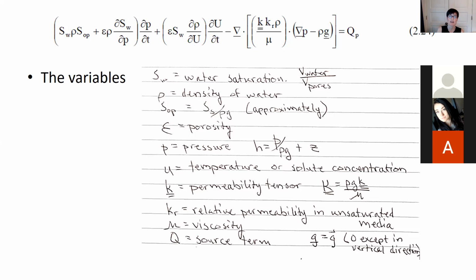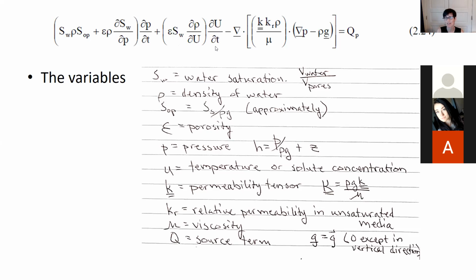In SUTRA's case, you can simulate either solute transport, and if you're simulating salinity, that would affect the density of water, or you can simulate heat transport. We just had a great example of how heat could affect density, and that could affect groundwater flow. So that's what this term is all about. This is all about density being variable, and this is where this groundwater flow equation is coupled to whichever transport equation you're using.